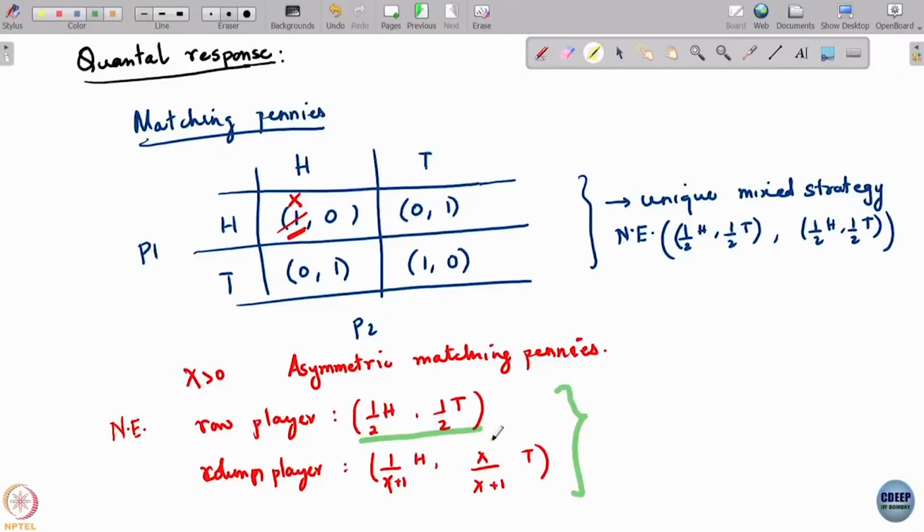The column player selects heads with probability 1 by x plus 1 and tails with probability x by x plus 1. Now, what people have argued is that if you look at this in terms of experiments and any kind of empirical data, this seems to be a little bit odd.